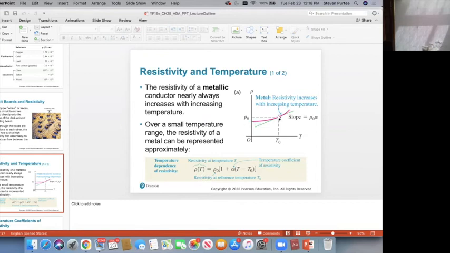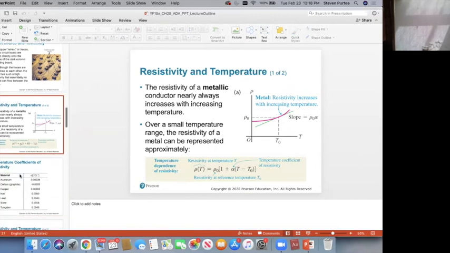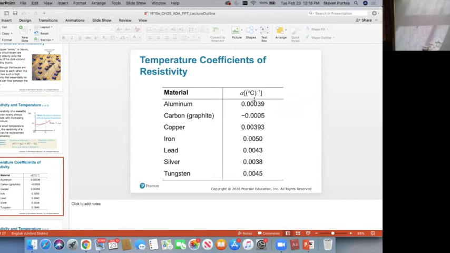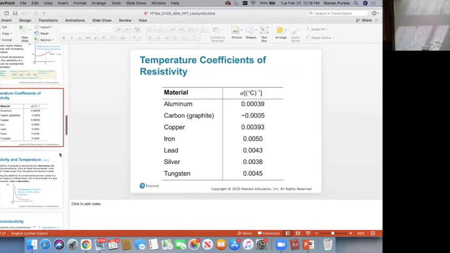So resistivity for a metal gets bigger and bigger as you increase the temperature. So I'm not saying all copper everywhere always has the same resistivity. If you get two different chunks of copper at the same temperature, then they'll have the same resistivity. And here's a little table you could see. Oh, those are coefficients. We don't need that.